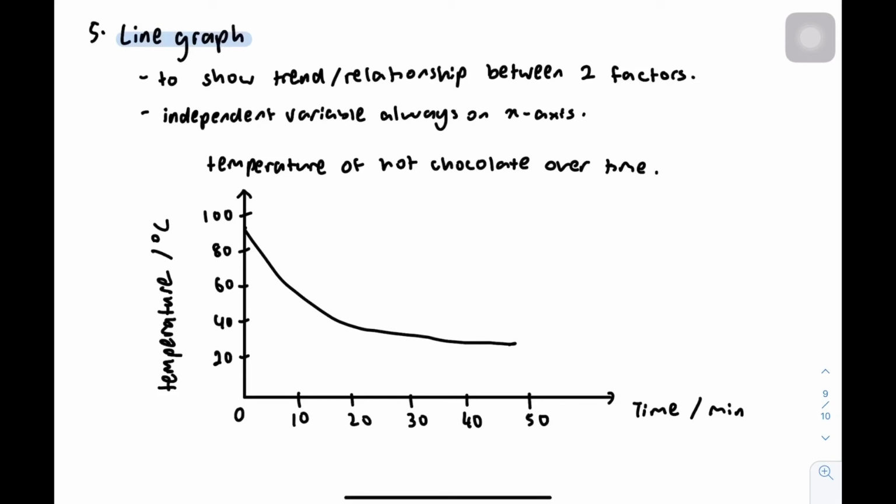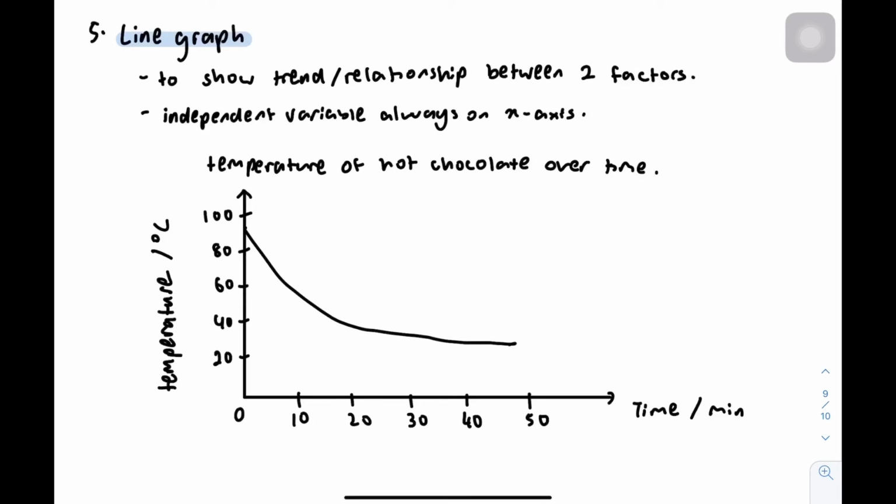Maybe some of you are thinking, what is an independent variable? Don't worry. In an experiment of any kind, a social experiment, a science experiment, or even day-to-day life, not necessarily even an experiment, just observing your environment, the factor that is being changed is the independent variable, and the factor that is getting affected is the dependent variable.